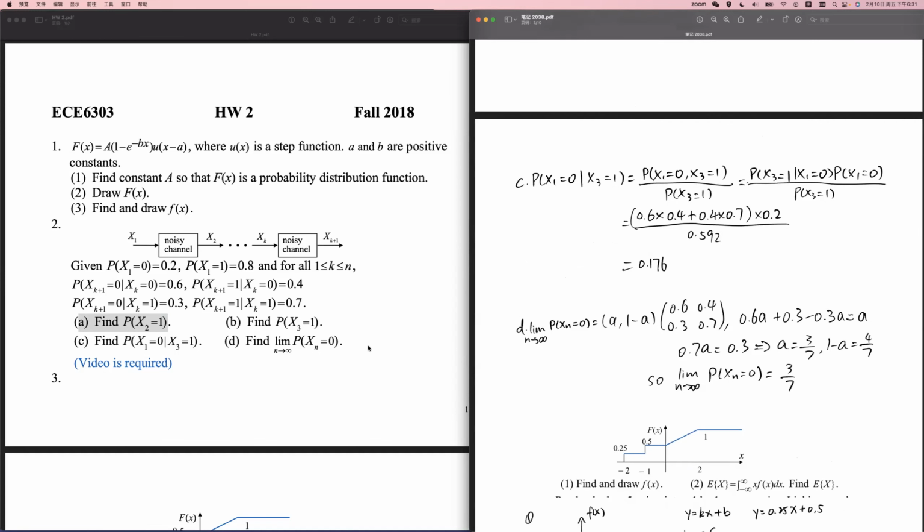And so for D, I need to find the limit of the probability of xn equals 0 as n goes to infinity. For this question, I write the problem according to the clue the professor gives. So we know that, actually, there should be n here.